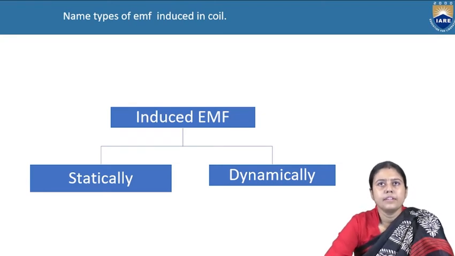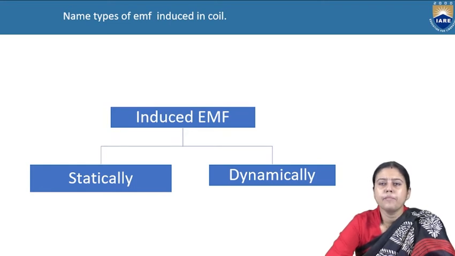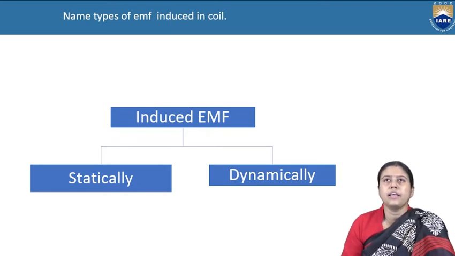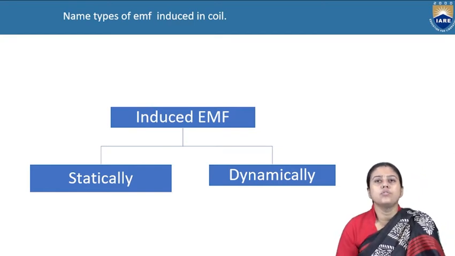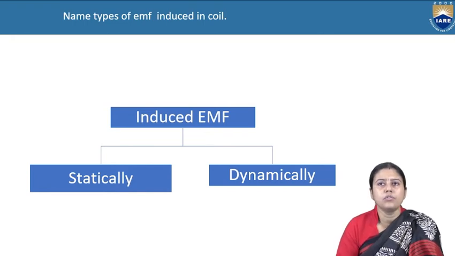Next, name the types of EMF induced in the coil. We know if there is a rate of change of flux, we can get some EMF. What are the types of EMF? EMF is basically of two types. One is known as the statically induced EMF and the other is known as the dynamically induced EMF.